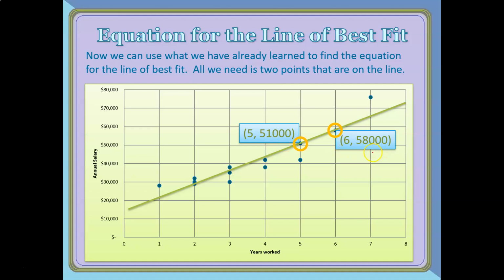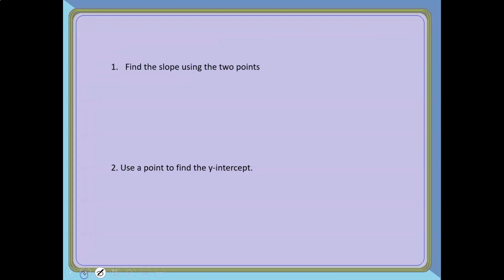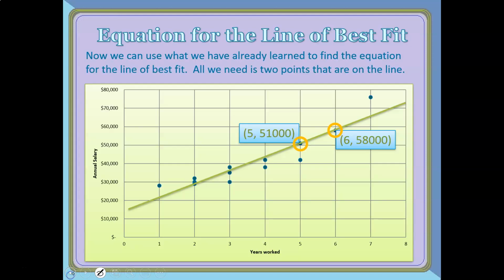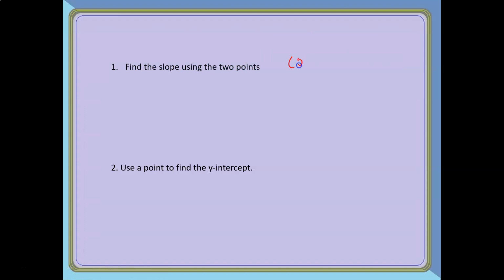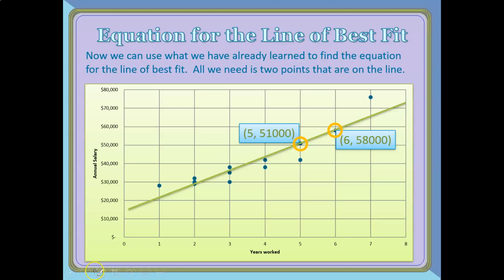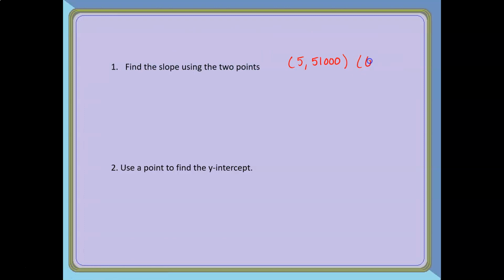And from our warm up, we know what we can do with those 2 points. So you're going to find the slope using the 2 points. Let me write them down again. 5 and 51,000. And I already forgot what the other one is. 6 and 58,000.